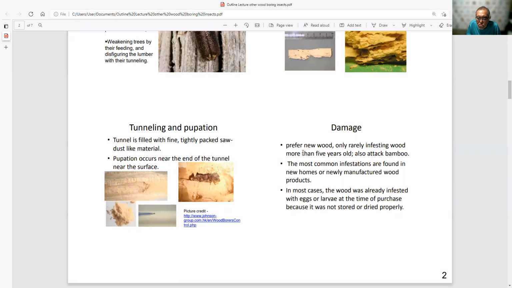In most cases, the wood was already infested with eggs or larvae at the time of purchase because it was not stored or dried properly. So this is a problem of preservation. Once furniture is being processed or designed, normally the wood is not dried properly, it's not varnished properly.